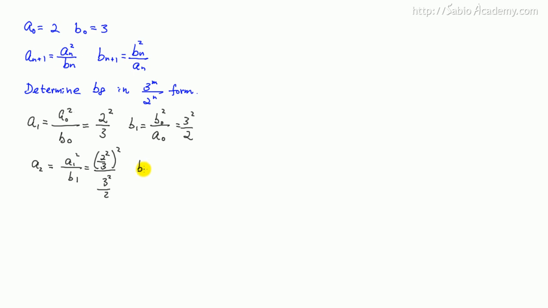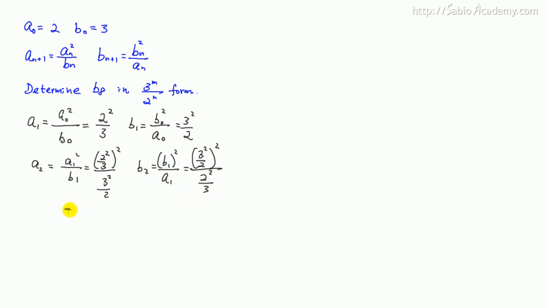Okay, what about B sub 2? Shall we do this? B sub 1 squared, that is one less number, and underneath I should have A sub 1. But I know what they are. B sub 1 is this, so 3 squared over 2, the whole thing squared over A sub 1, which is this guy here, 2 squared over 3.